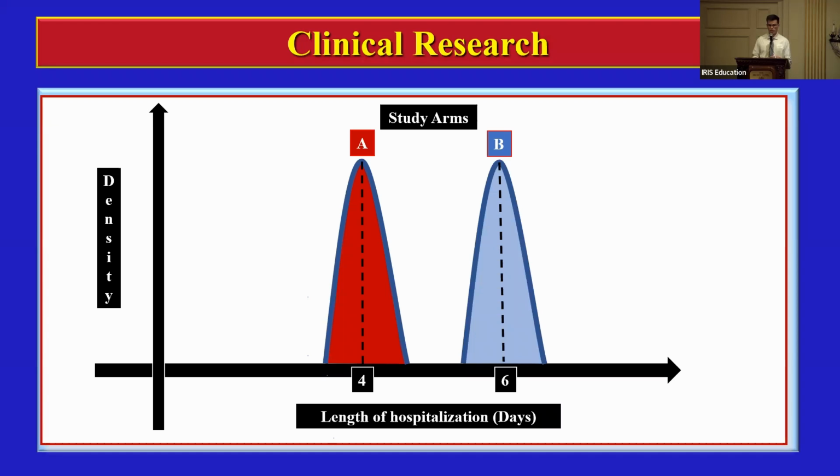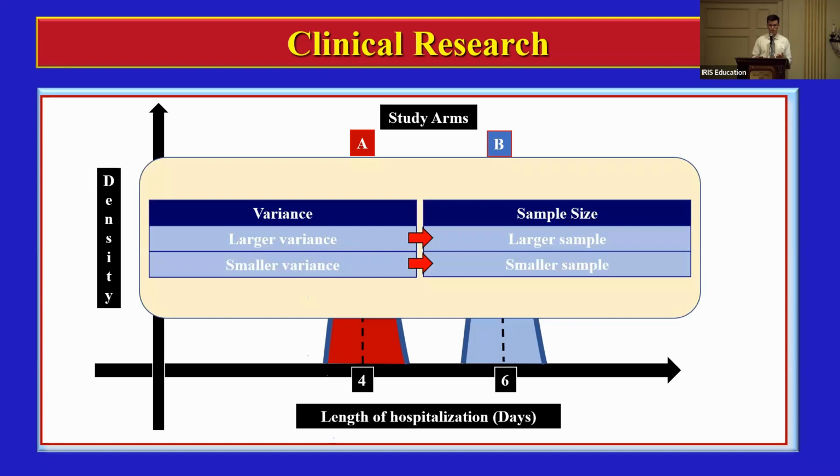Depending on the variance that we use in our sample size calculations, there's also going to be implications on the total number of subjects that we need to include in our research study. If we have a larger variance, we're going to need a larger sample to detect that minimal detectable difference, just because there's less consistency in the outcome.